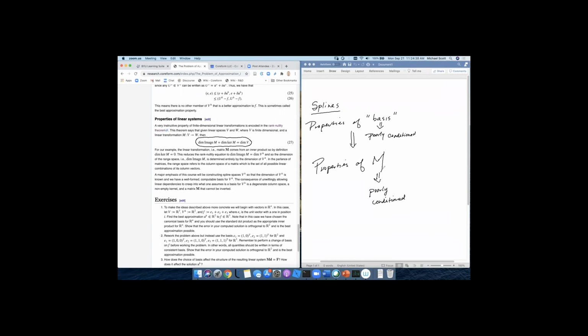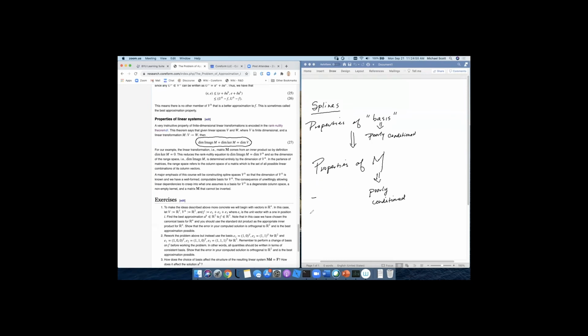Scott, could you go over what this image of M is again? I didn't quite understand that part, or could you maybe show an example of that? Right, let's see. Okay, let's take a look at a matrix.